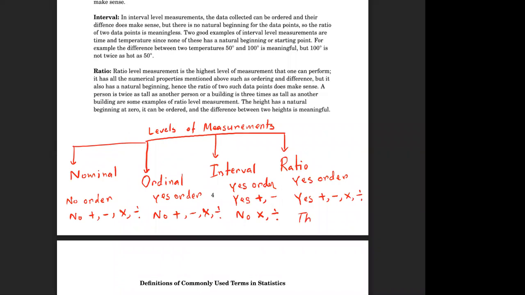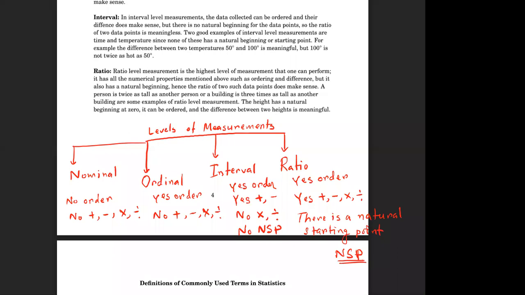there is a natural starting point. I should have added this. So let's say I say NSP for natural starting point. No NSP, no natural starting point.